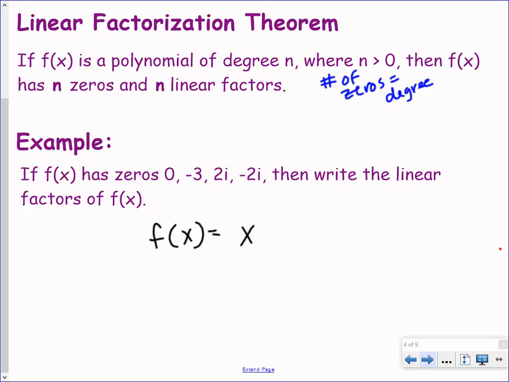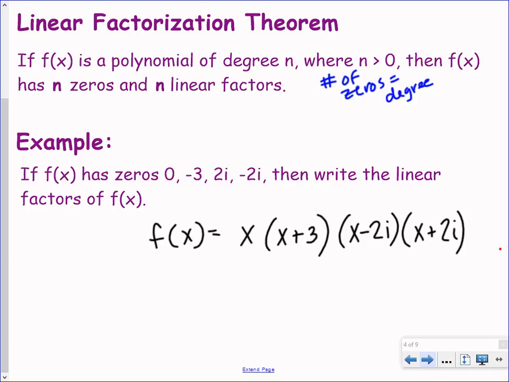If -3 is a solution or a 0, then what does my factor look like? x plus 3. If 2i is a solution, my factor looks like x minus 2i. The rule doesn't change. It's still like x minus k. And then for -2i, I would have an x plus 2i.